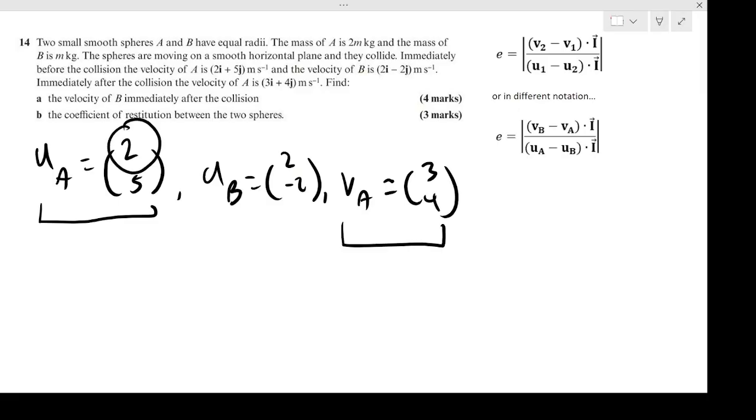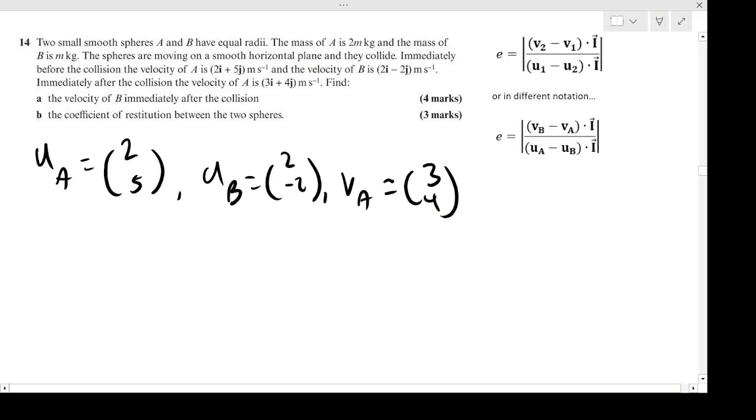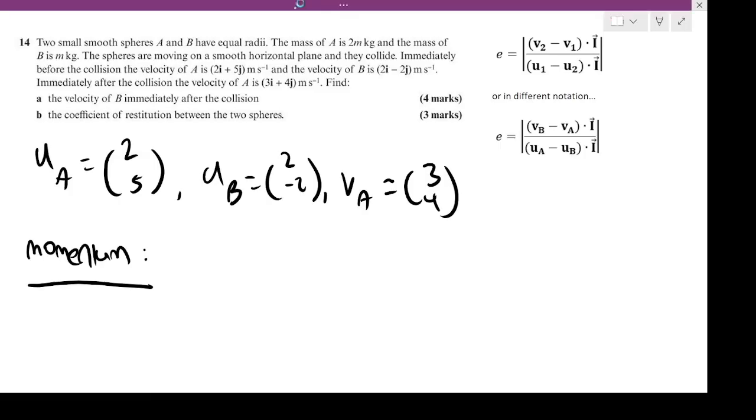For I, initially it's 2, then it goes to 3. That doesn't stay the same. Then for J, it goes from 5 to 4. That also doesn't stay the same. Because neither component stays the same, that means the line of centres is not I or J. So we're going to have to apply momentum to the vectors as a whole, using the method we looked at in the previous question instead. So, momentum then.